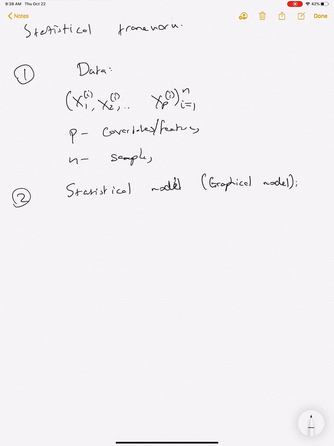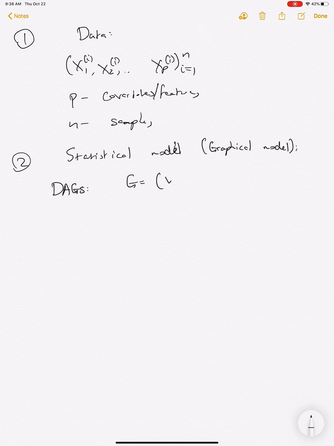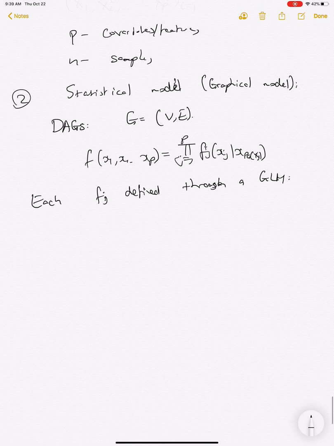So for DAGs, if we have G equal to (V, E), we had that f of x1, x2 up to xp we could define in terms of the conditionals, and each fj is defined through a GLM. And this allows us to define our parameters.